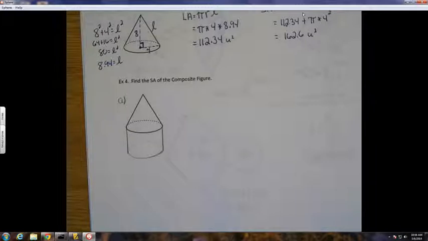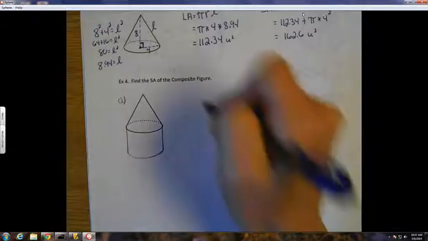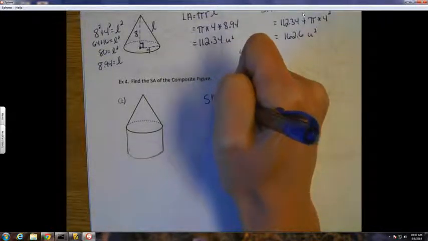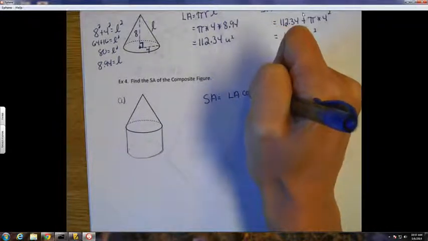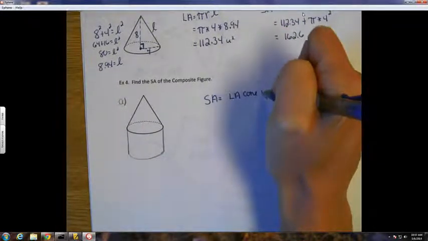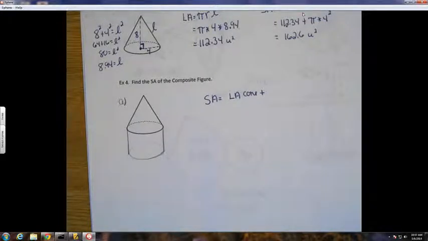What part of this surface area formula are you going to use for the cone? You need the lateral area of the cone. We can't touch the bottom because it's glued onto that. So, the surface area for this composite figure is the lateral area of the cone plus the bottom is a cylinder from yesterday.